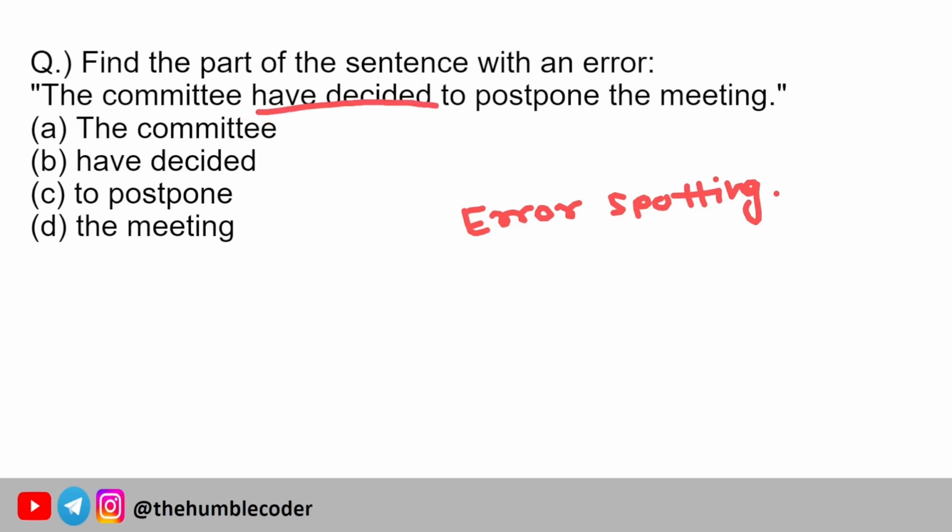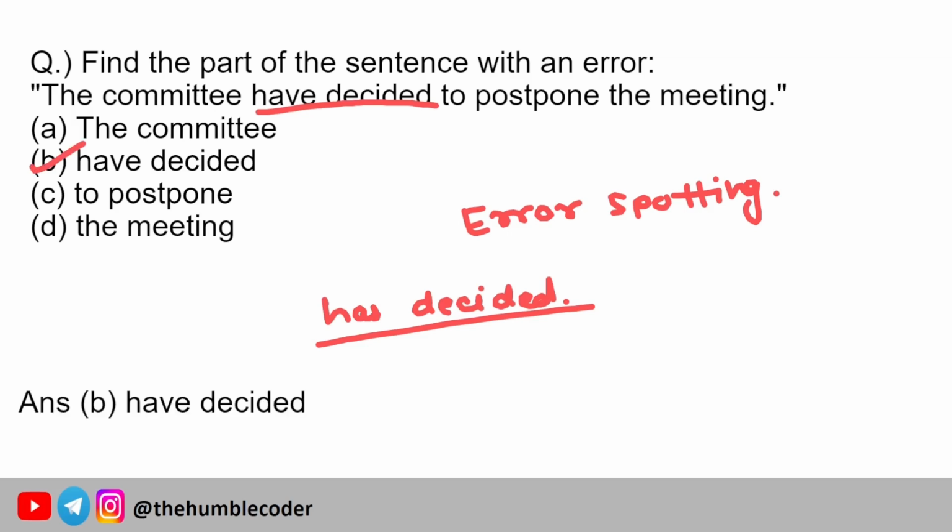Okay, it should not be have decided, instead it should be has. The committee has decided, because they have already done it. It's not like they are waiting for it to be done in future. It is already done. The decision is already made. So that is why the correct answer is going to be option number B, that is have decided. Have decided is the wrong one, and the correct one instead of this is going to be has decided.